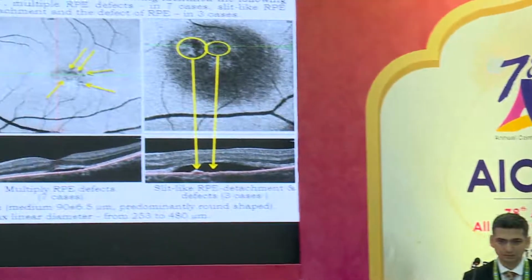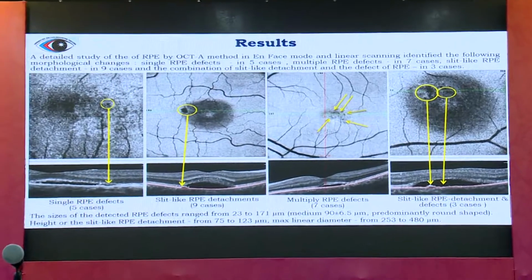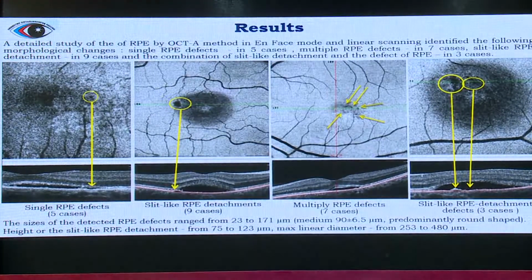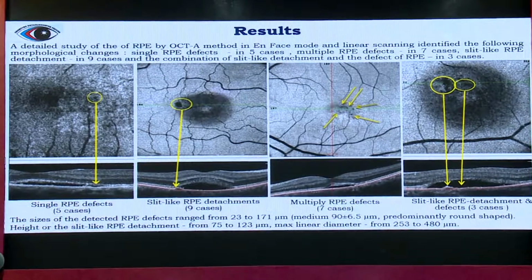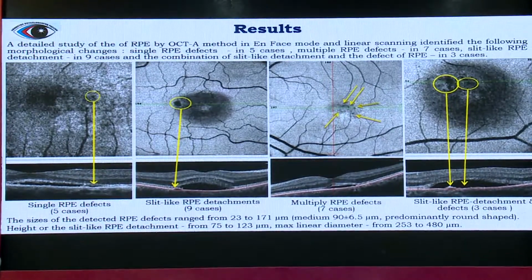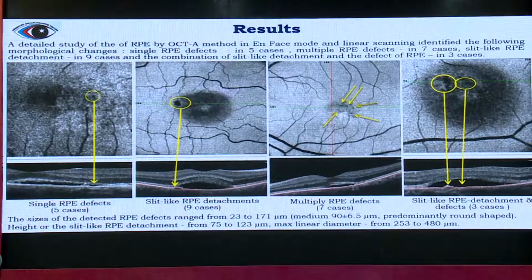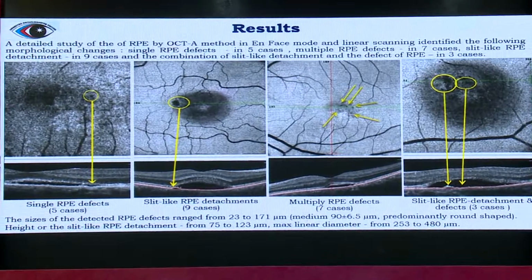As a result of our research in the first step of our study, we revealed the following morphological changes. Single RPE defects were revealed in 5 cases, multiple RPE defects in 7 cases. In 9 cases, we see slit-like RPE detachment, and the combination of slit-like detachment and a defect of RPE was revealed in 3 cases.